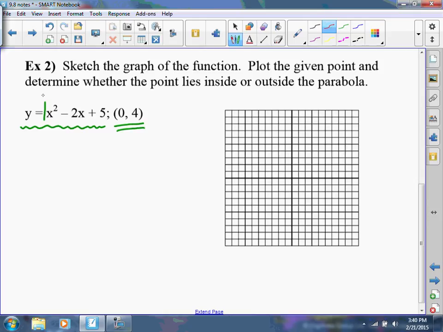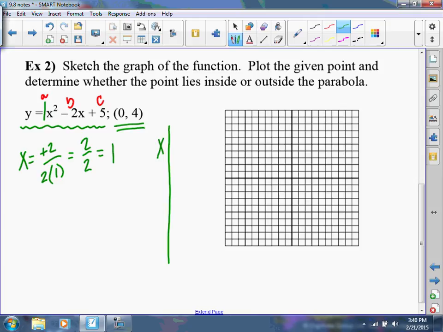So that tells me my a value is the 1, my b value is the negative 2, and my c value is the 5. Then I'll do my negative b, so negative negative 2, that's a positive 2, over 2 times a, that's 1. So 2 over 2, that's going to be 1 altogether for my axis of symmetry.